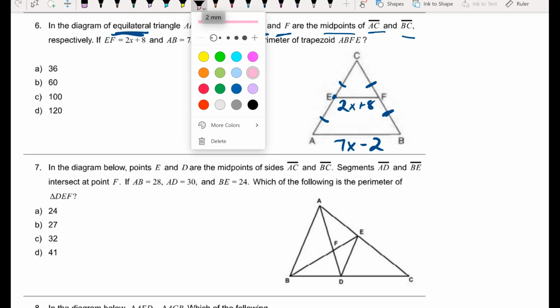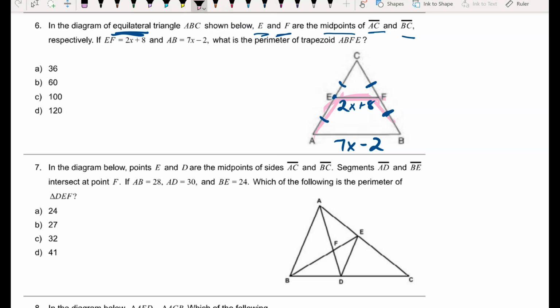And it says the length of EF is 2x plus 8, and AB can be represented as 7x minus 2, and they want to know the perimeter of that trapezoid on the bottom there. Well, it'd be helpful to figure out what x is first and then try to make sense of this.